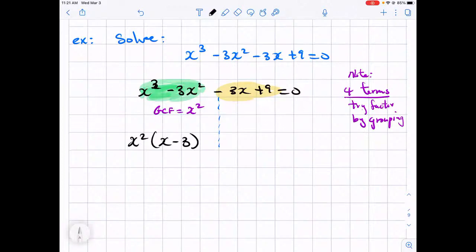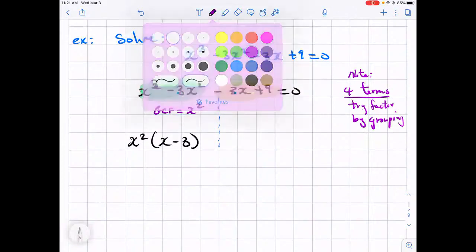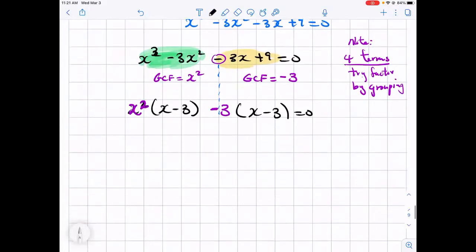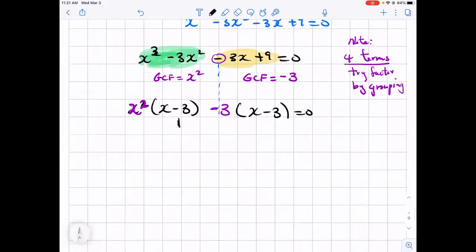The GCF on this side becomes negative 3. This sign I always take with the GCF. So we have minus 3, and what's left is x minus 3 equals 0. Be careful and observe that these parentheses must be the same for grouping to work.